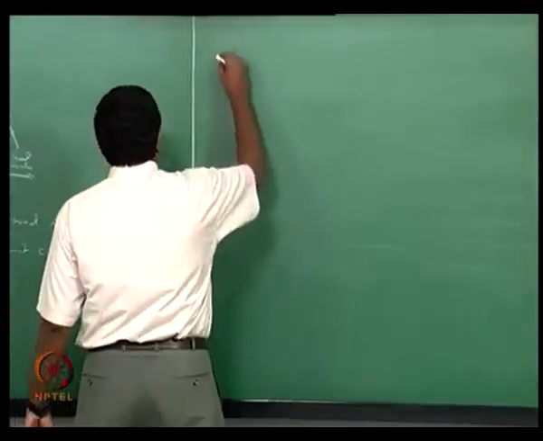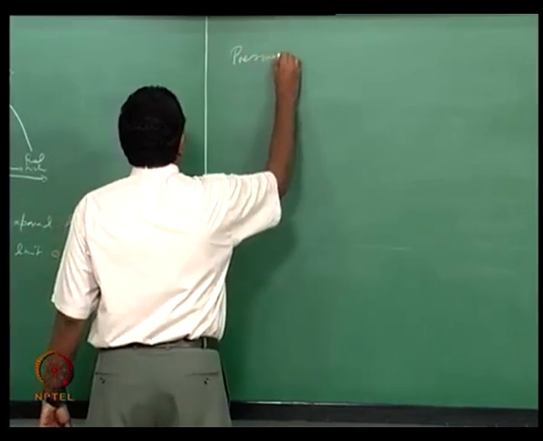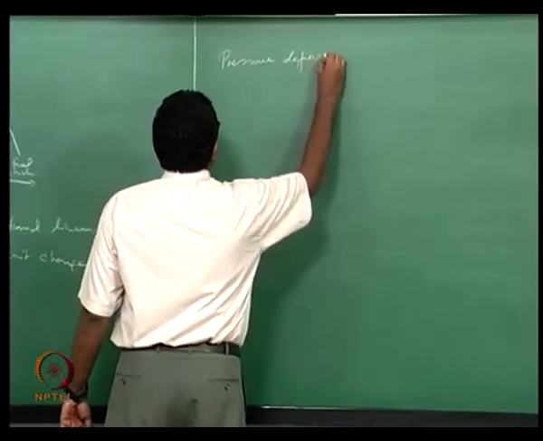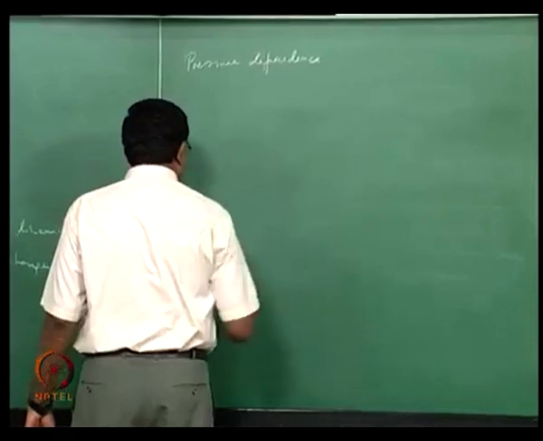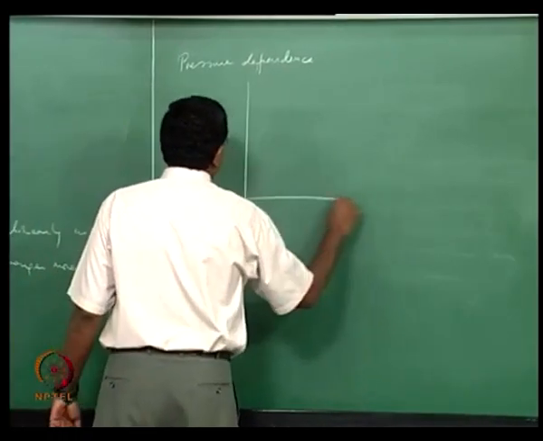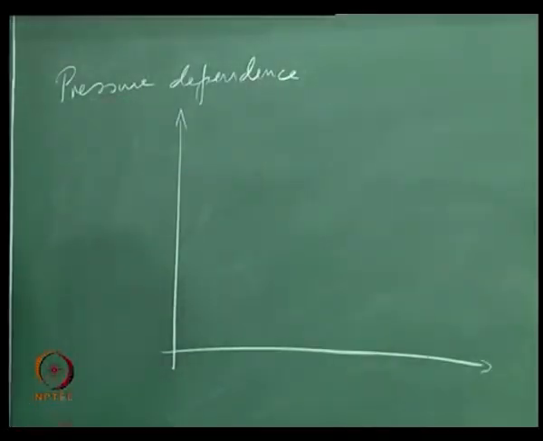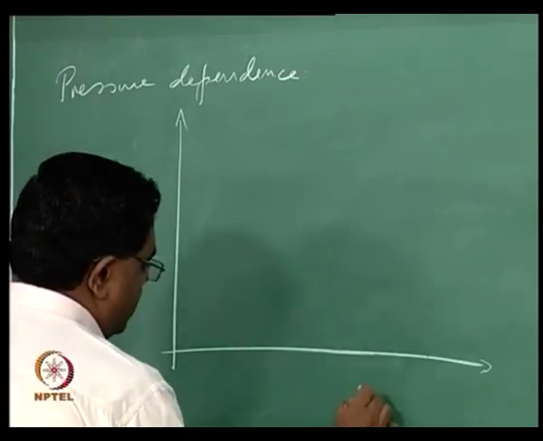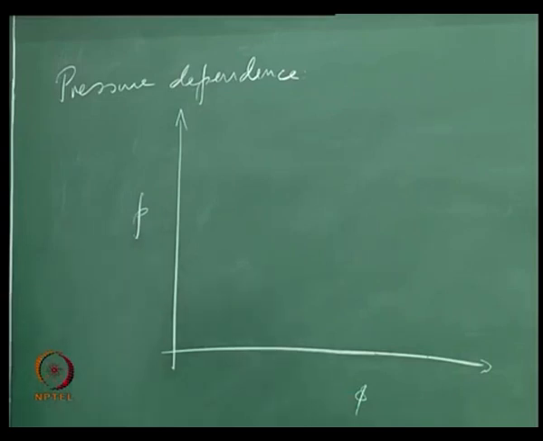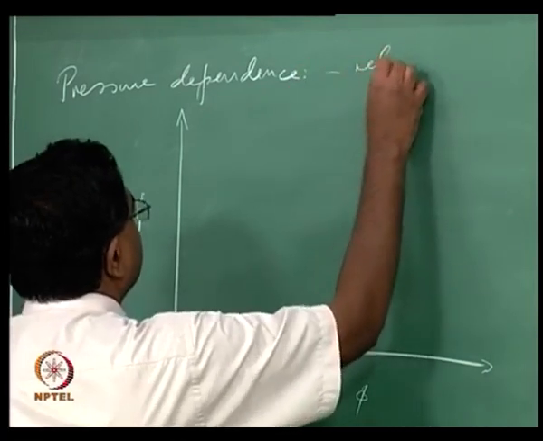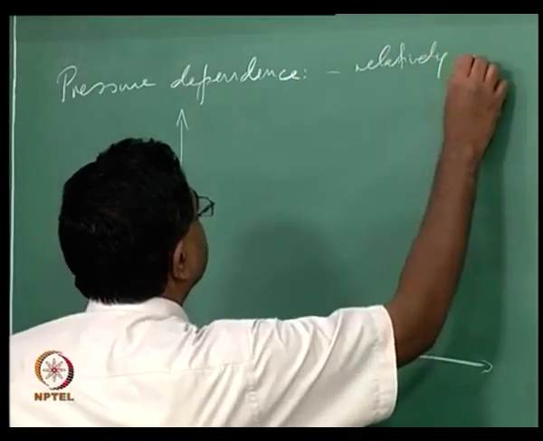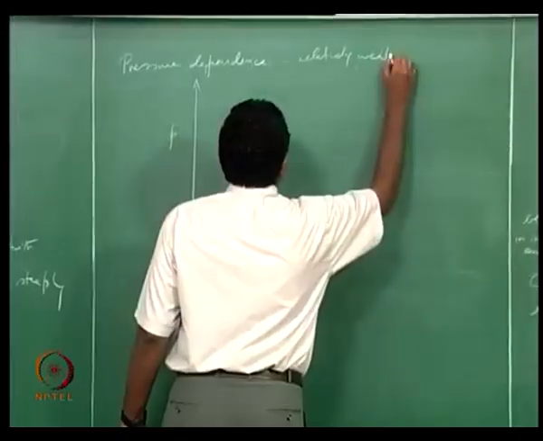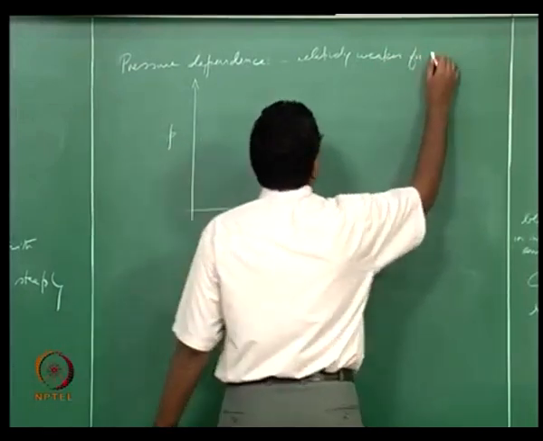So pressure dependence is more significant than the temperature dependence. Usually you find a dependence that sort of looks like this. If you have P versus, let's say, phi, you have a relatively weaker dependence for the lean limit, I'm sorry.